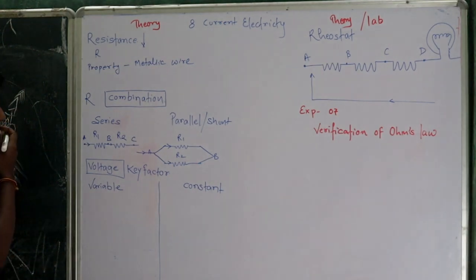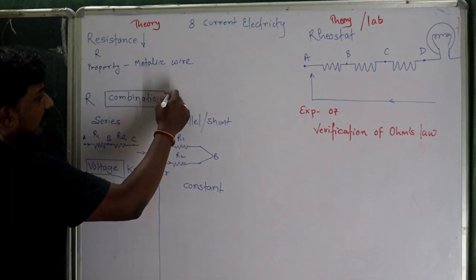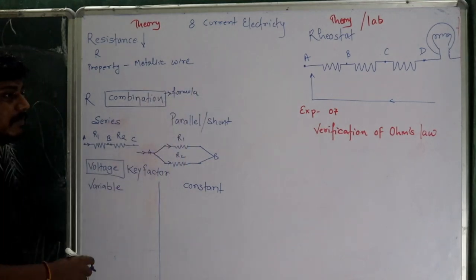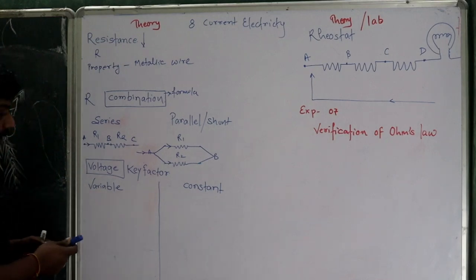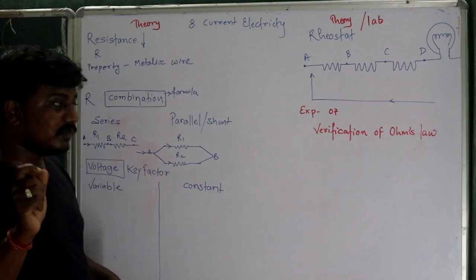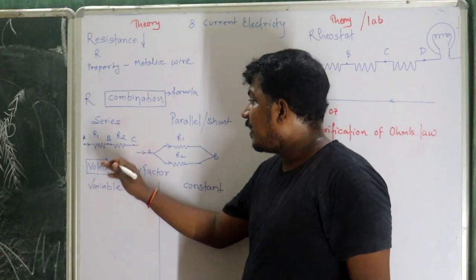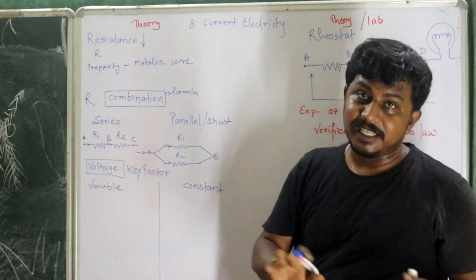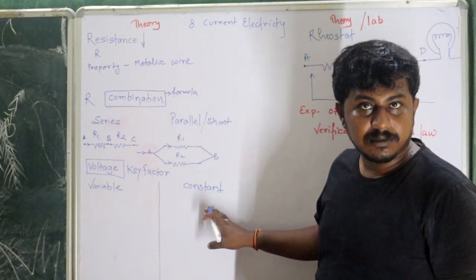Now for the combination, there is a formula, and sometimes the derivation comes in the examination. How to derive? I have written here a key factor: the voltage. Remember the voltage as a key factor. In series the voltage will be variable and in parallel the voltage will be constant.